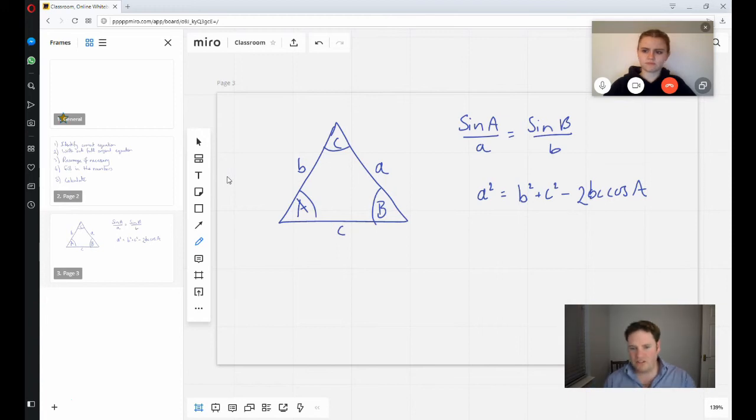so let's talk about the shape of this one. We have this side and this corresponding angle. Everything else is just the other sides.